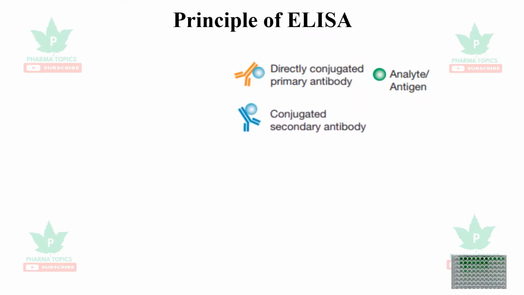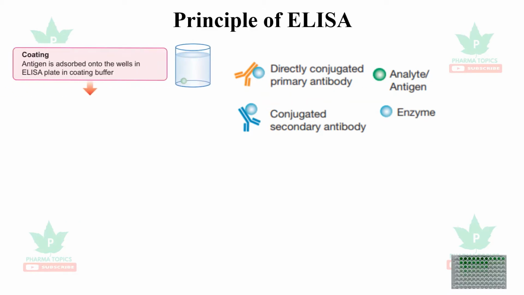Let us see the principle of ELISA. This requires the analyte, that is the antigen, a directly conjugated primary antibody, then a conjugated secondary antibody, and an enzyme which is attached to the conjugated antibody.